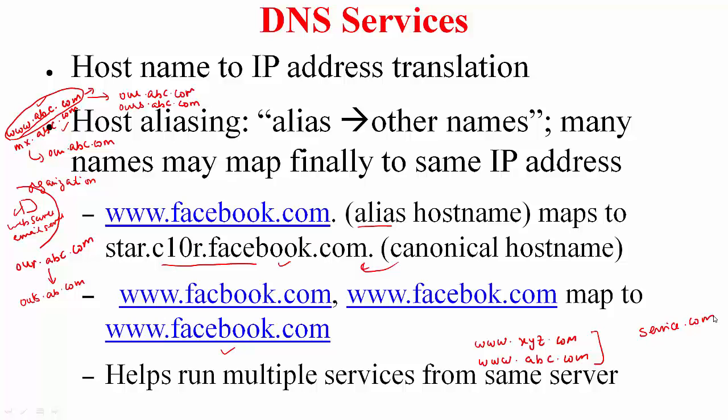When you ask DNS what is the IP address corresponding to this, what you get in turn is the IP address corresponding to this particular host name. Similarly, if you ask what is the IP address corresponding to this particular host name, you also get the IP address corresponding to the same service.com host name. In other words, DNS maps both these entries to the same host name.